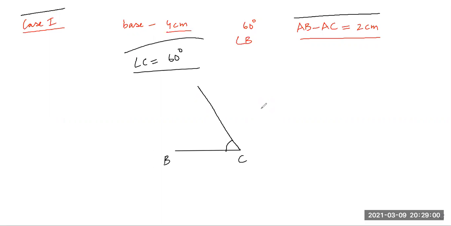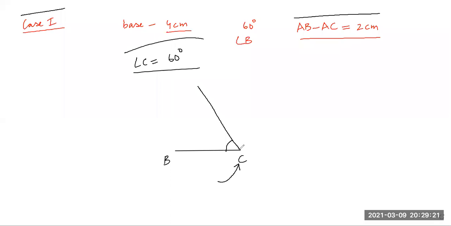Okay, let me take this. So it's given AB minus AC. Now the base angle given is not B. The base angle given is C. I have to apply case 1 in which case? When the side of the triangle on the given base angle is bigger. Very good.